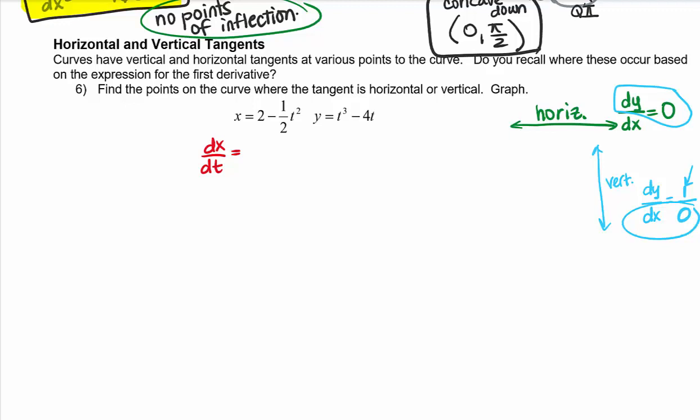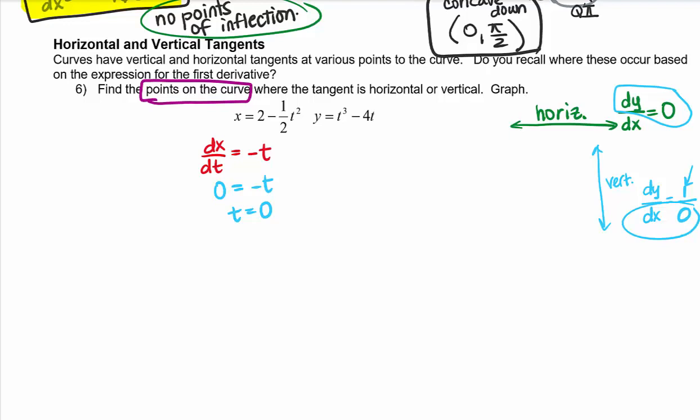My dx/dt, like I said, is separate from dy/dt. So if I'm looking at dx/dt, it's just negative t. And if I set this equal to 0, t is 0. Those aren't points on the curve, though. I'll talk about that in a second, because I'm trying to find points on the curve. So I need the actual x and y values here.